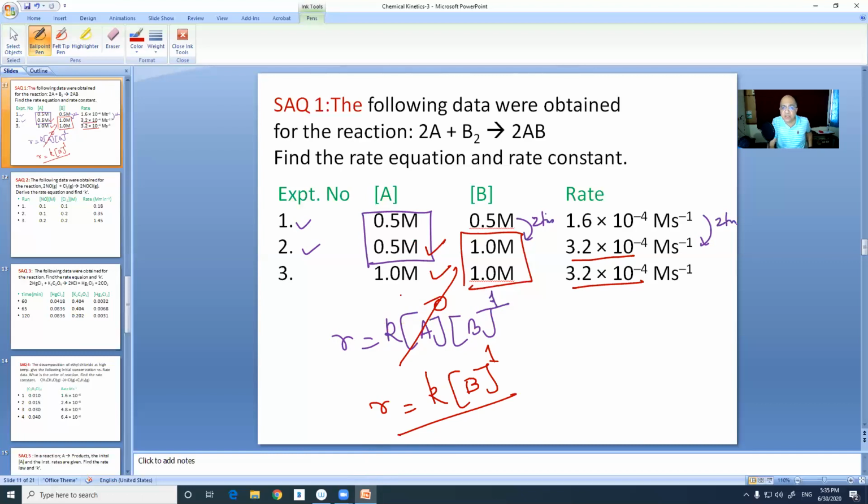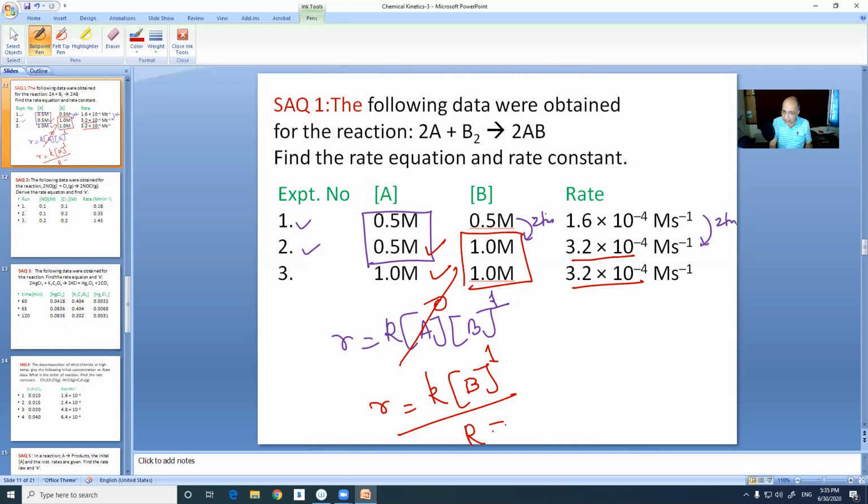In pseudo first order, one of the reactants should be taken in large excess, like 70 M or 100 M. Then it will be called pseudo unimolecular. But here it is not pseudo first order, but zero order with respect to A and first order with respect to B. So it is a first order reaction.